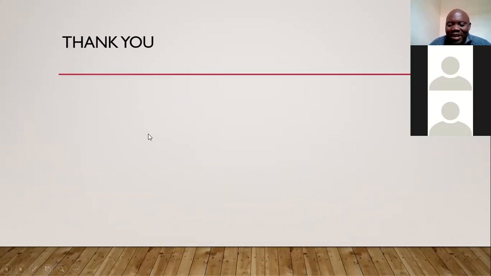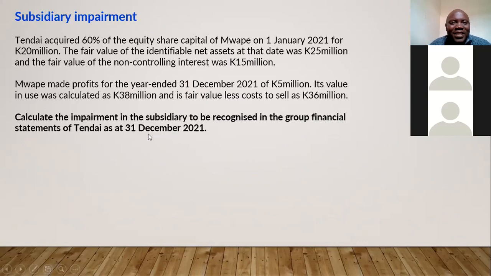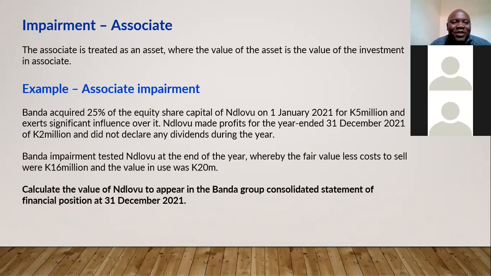That one was on impairments on the subsidiary. Now we go to the impairment on the associates.